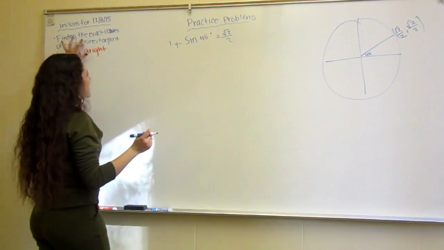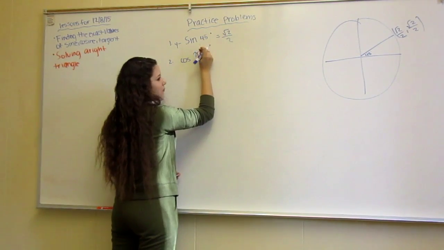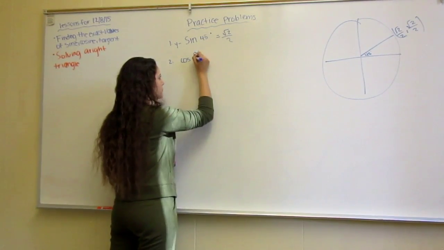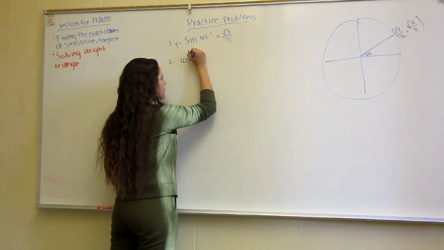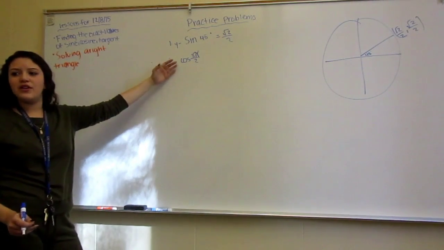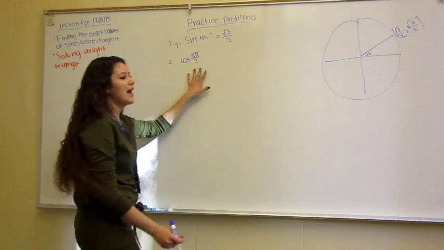Let's move on to the second. How do you do cosine of 150 degrees? Wait, should I give you degrees or radians? We're going to do cosine of 3 pi halves. This time we're doing radians. Where's 3 pi halves at?